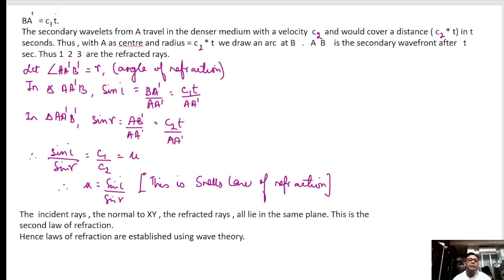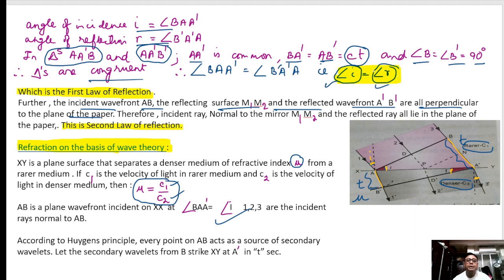Now we can tell the distance covered by B to A dash is C1t, as you can see here. So B A dash is C1t.